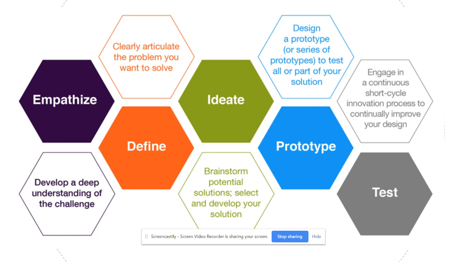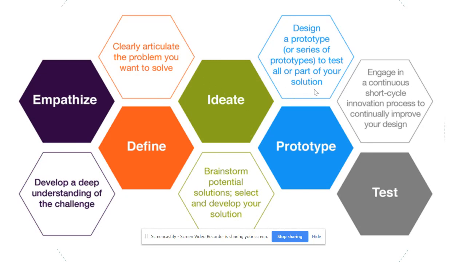So when you are looking at this different process, you're looking at starting with a client, with a user, somebody that has a problem. So that could be you, that could be people around you, that could be your family. You're defining that problem by doing research, by doing interviews, by looking at what you have available to you. You're ideating, which is brainstorming, coming up with different solutions, asking people for feedback, that kind of thing.